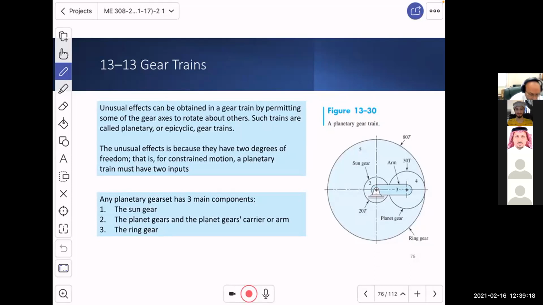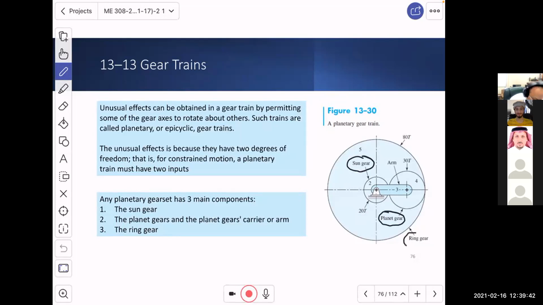So what is the story of a planetary gear? Well, it usually has a gear in the middle, which is called the sun gear. I think it is derived from the analogy of a solar system. Then we have a planet gear, revolving around the sun.